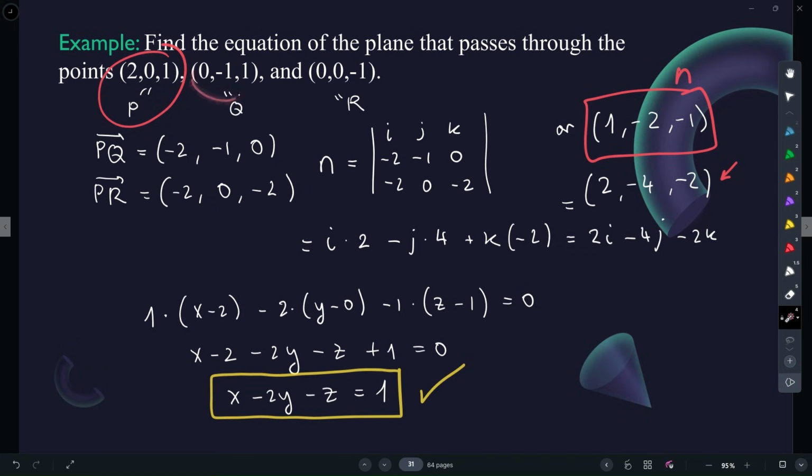Let's verify that 0, minus 1, 1 is also in the plane. If I put in 2, 0 minus 1, 1, I get 0; 2 minus 1 is 1. And R is also in the plane: 0, 0, and minus minus 1 is 1. So all 3 points are in the plane, so this is the plane I was looking for.